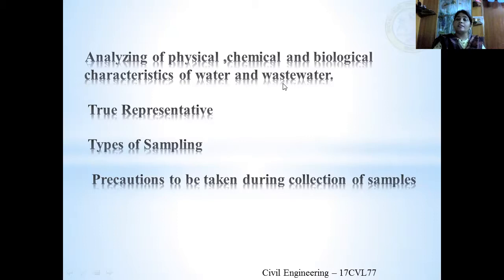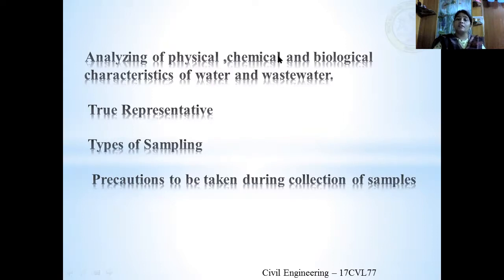Hence, we need to analyze these properties, and that is done in the environmental engineering laboratory. Whenever I treat any water sample, I should know the parameters so that if it is acidic, I need to adjust, optimize the pH. If it is basic, I need to optimize. In that way, I need to know each and every parameter.